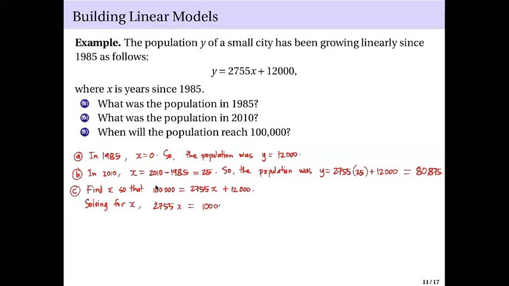We have 100,000 minus 12,000. But 100,000 minus 12,000, that's 88,000. Which gives us x equals 88,000 divided by 2,755.